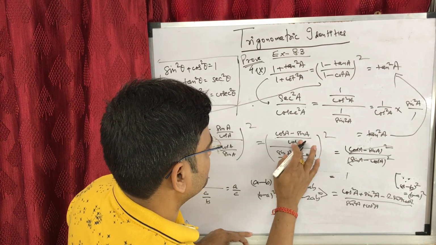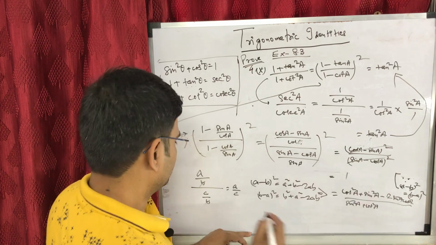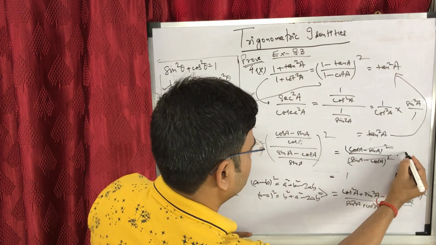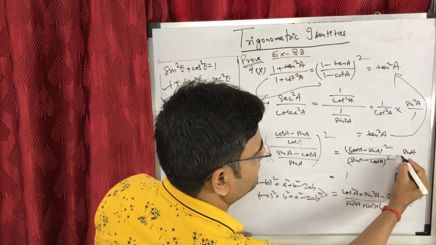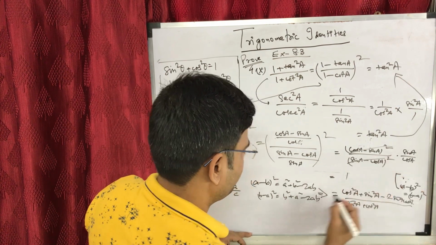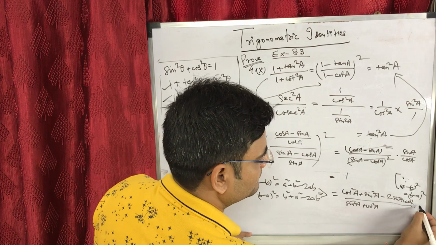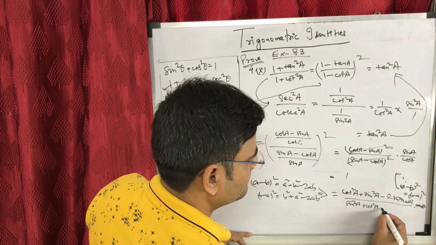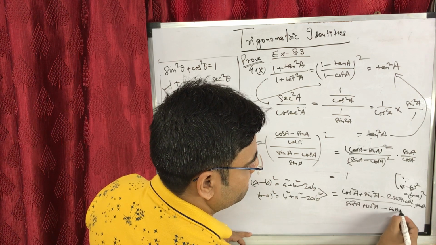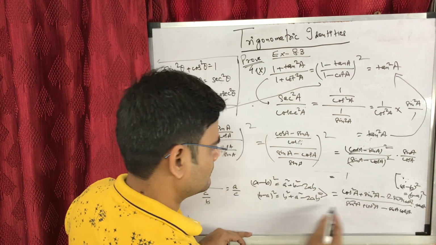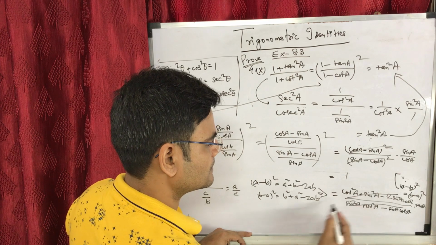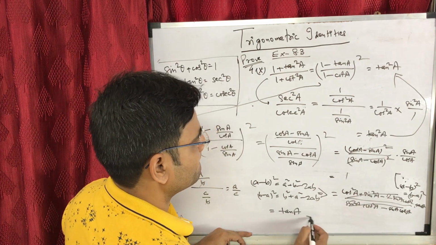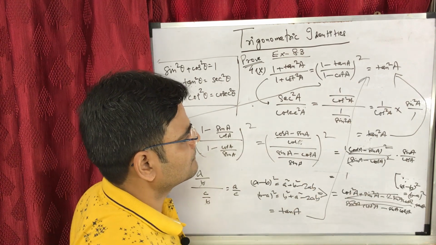So you apply A by B, C by D. This becomes sin A by cos A. You are left with this. So you have tan A left here. Sin square A plus cos square A minus sin A cos A. So this gets cancelled. Equals to tan A. That is equal to this one.